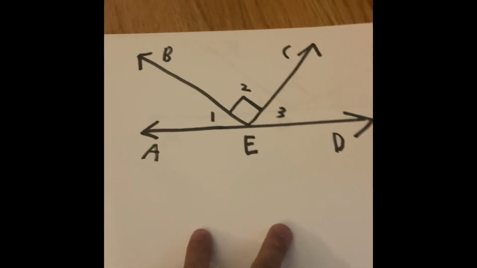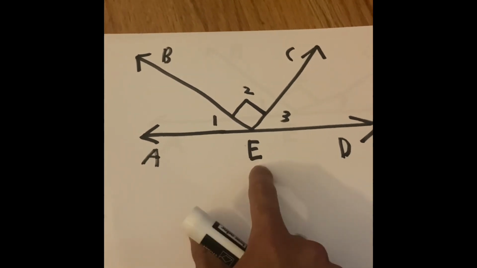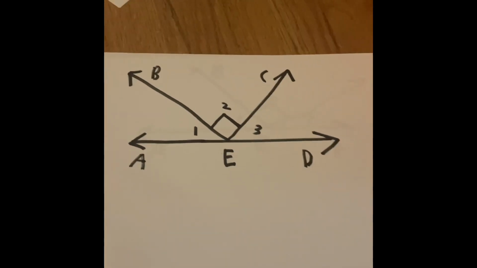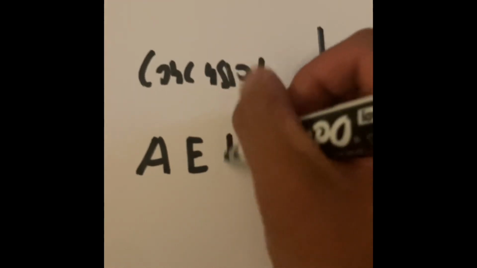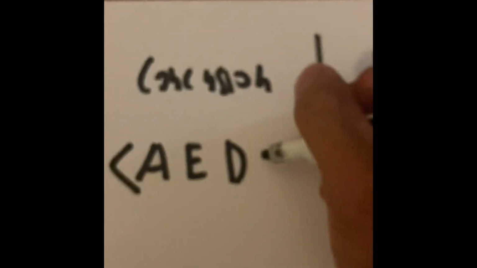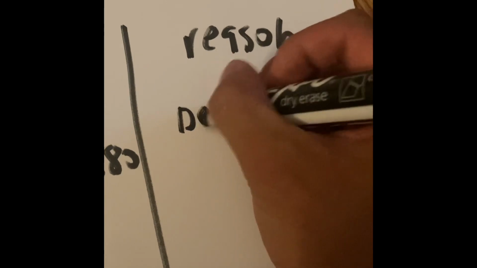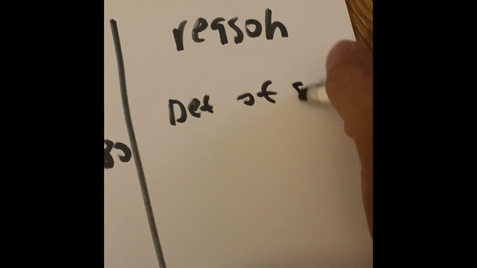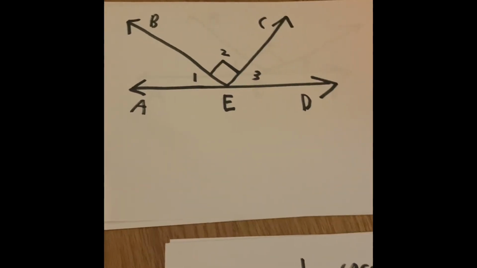From the knowledge we already know, we can explain and assume that AED is a straight angle and is 180 degrees. So we're going to say angle AED is 180. We can assume that by saying the definition of a straight angle.